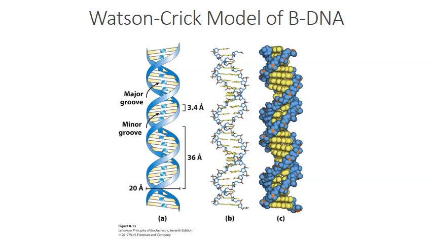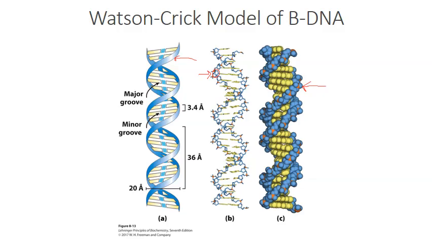So let's look a little bit at the model of the structure of DNA, and this was the model derived by Watson and Crick using Rosalind Franklin's data to determine the alpha helix structure. We have here the backbone, which is the blue ribbon, representing the sugars.